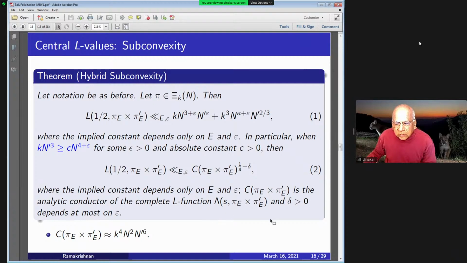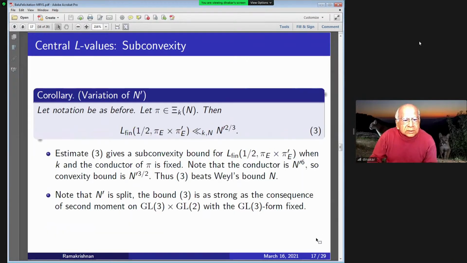So this allows you to say something about L(1/2, π × π') if I vary n prime. Our method consisted of averaging over π, but after the non-negativity, we got bounds for each one. Now if you vary n prime, you get n prime to the 2/3.